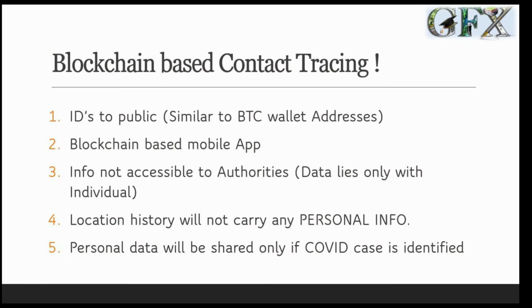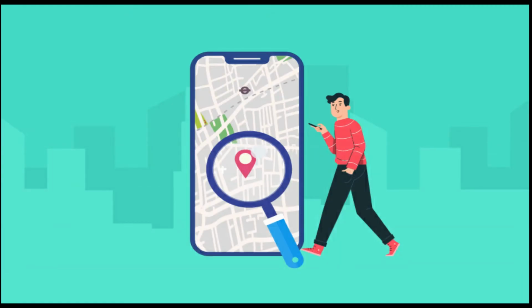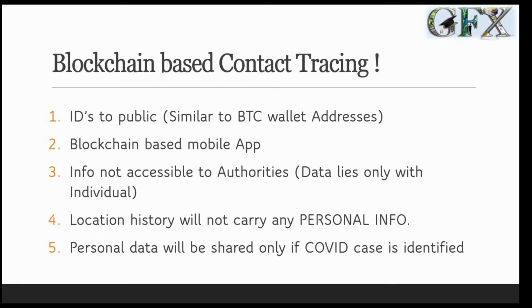Now, using this ID, the person will be able to log into a mobile application and location will be tracked by this mobile application. Now, the unique thing is that all this data, all this location history will be stored on the top of blockchain, making it tamper proof and strictly inaccessible to the authorities who have even created that or any parties for that matter. So till now we have seen the location data will have only the ID attached, not the personal information of the person.